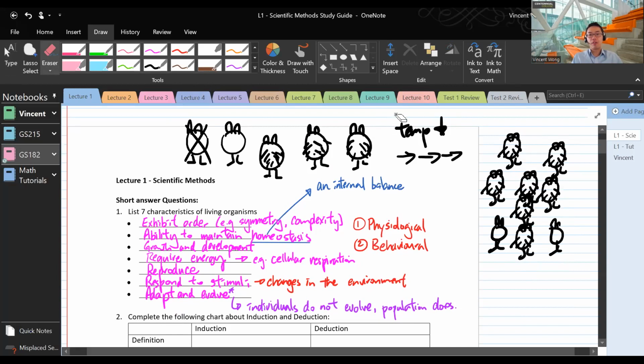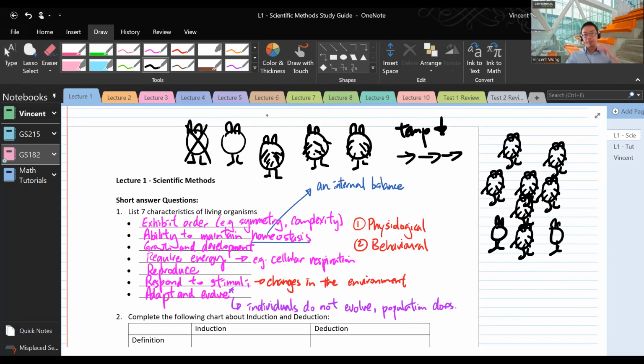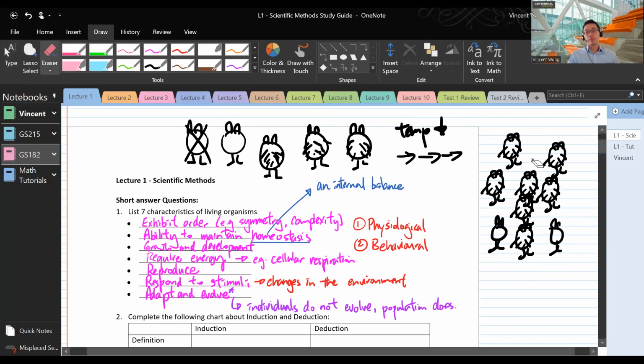So because of a change in the environment, the entire population will shift towards traits that will allow them to survive better. This is evolution, right? Evolution does not mean the naked ones will all of a sudden start to grow fur. They genetically do not have the fur. They're not going to grow the fur because the temperature drops.